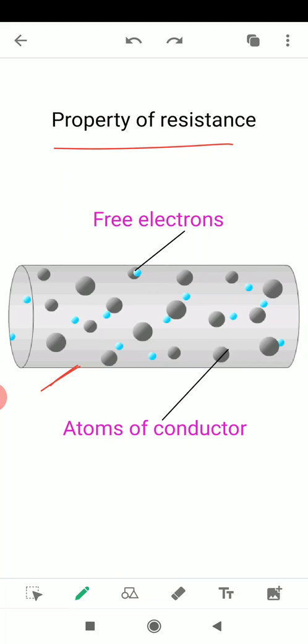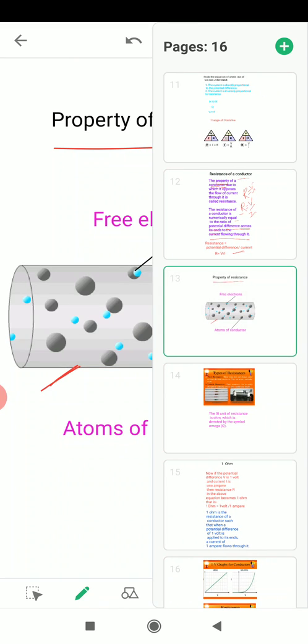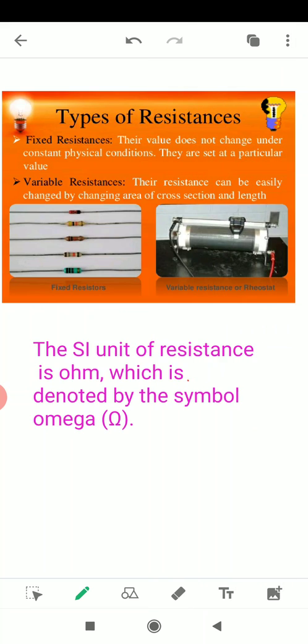Now this property of resistance is limiting the current which is flowing through any conductor. In some conductors a small amount of current could flow, and in some conductors a large amount of current could flow. The resistors are of two types: fixed resistors and variable resistors.